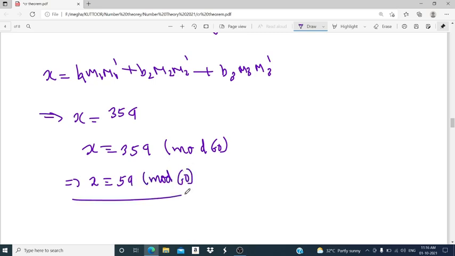This is the solution which satisfies the system of equations x congruent to 2 mod 3, x congruent to 3 mod 4 and x congruent to 4 mod 5.